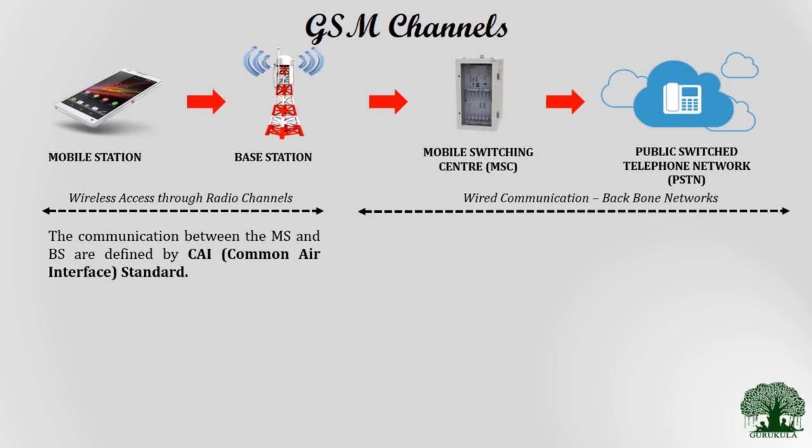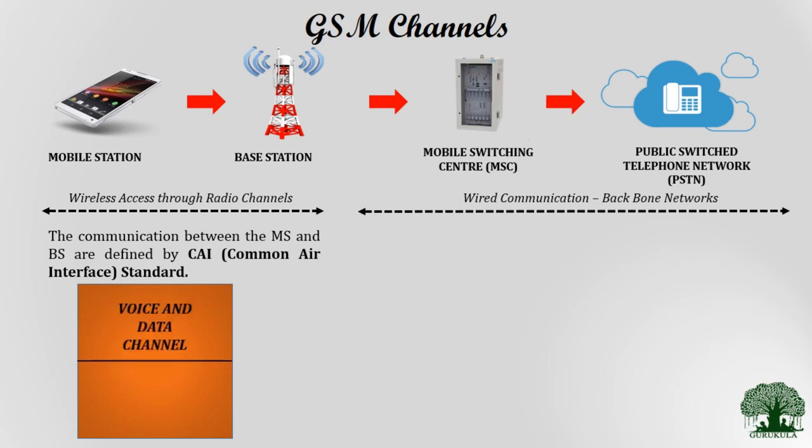The CAI standard says that the entire channel, so let us assume that this is the total channel bandwidth available at the base station, has to be divided into 2 halves. The first half is responsible for transmitting voice and data, and the second set of channels is responsible for exchanging the control information. The first set is what we call the voice and data channel, and the second set is what we call the control channel.